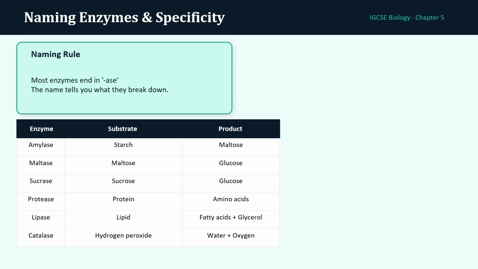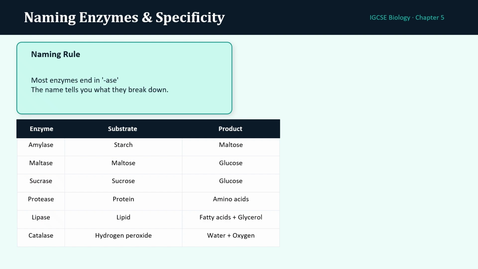So amylase works on starch and the product is maltose. Maltase acts on maltose and the product will be glucose. Sucrase will act on sucrose and the product will be glucose. Protease enzyme acts on protein and the product is amino acids. Lipase enzyme works on lipid and gives the products fatty acids and glycerol.